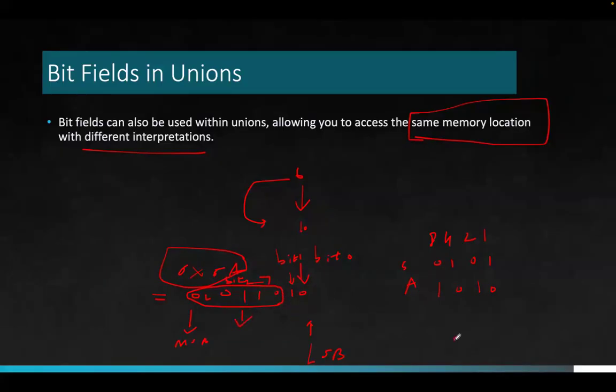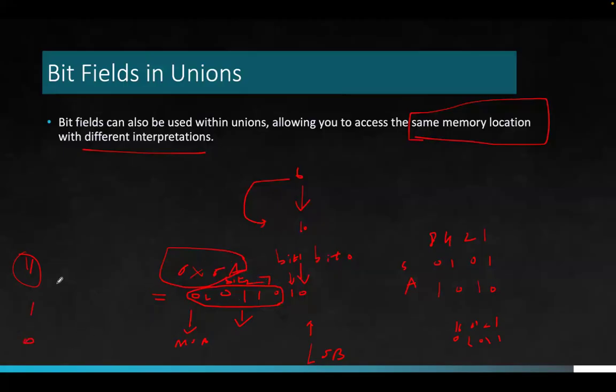What is this? 01011. This is nothing but 1, 2, 4, 8, and 16. That is 8 plus 2, 10, 10 plus 1, 11. So when you print bit 2 to 7, you will get 11 as the answer. When you print bit 1, you will get 1 as the answer. When you print bit 0, 0 is the answer.